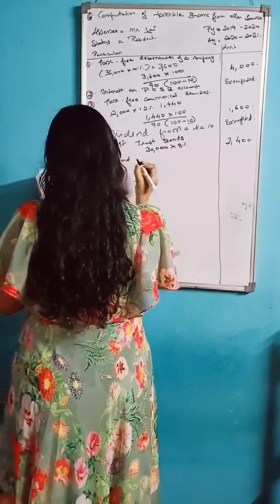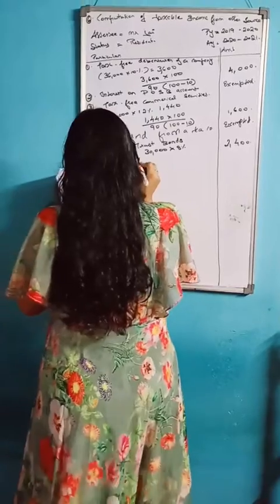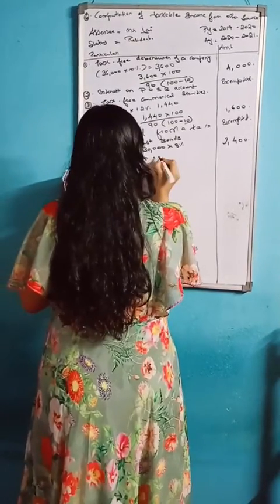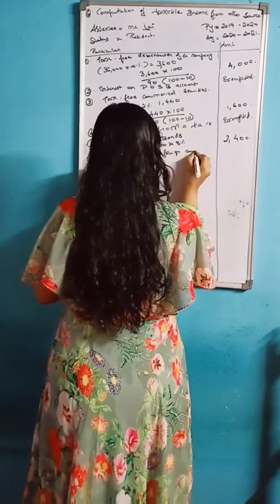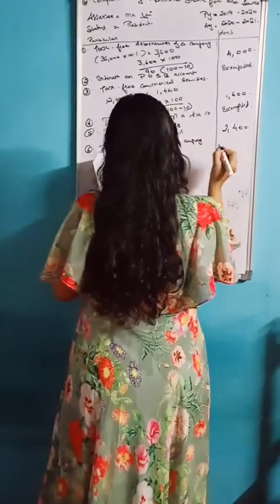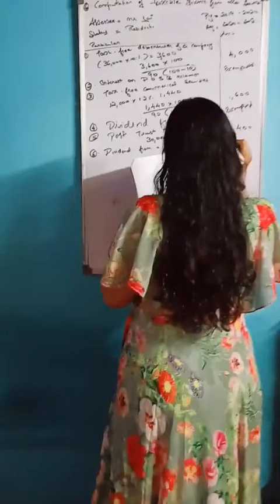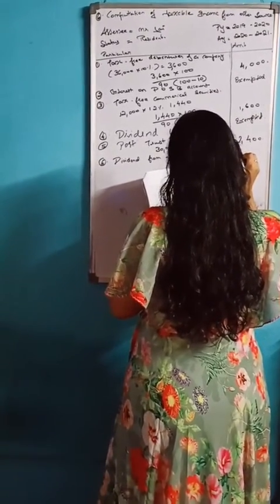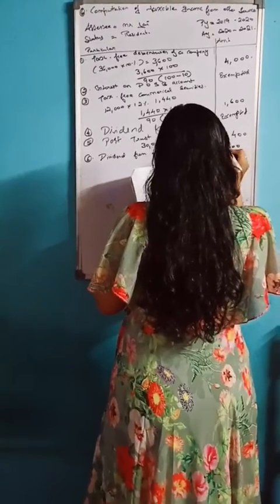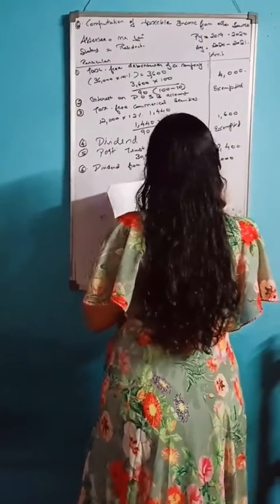Dividend from a foreign company, that is 4,000.